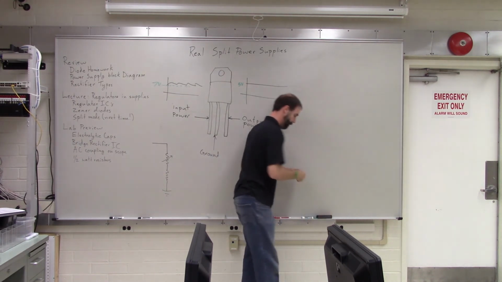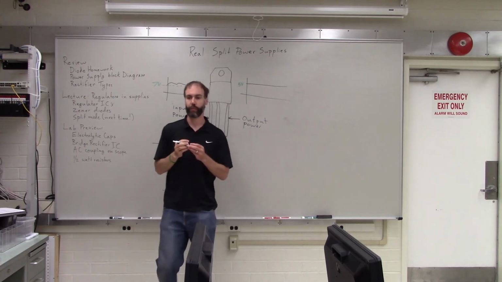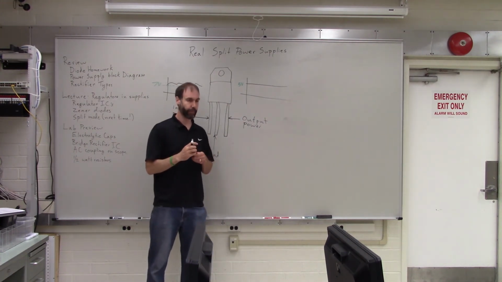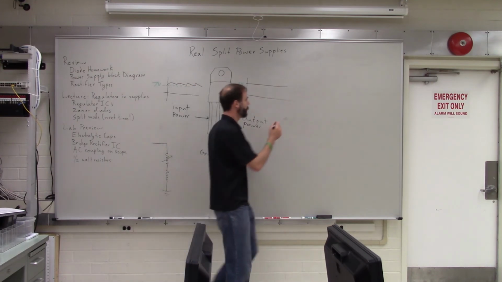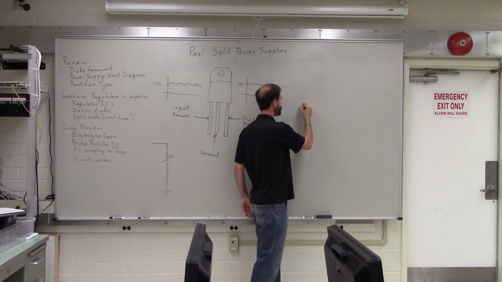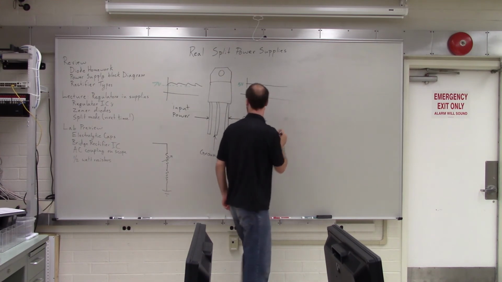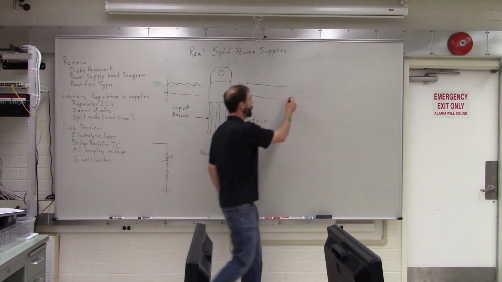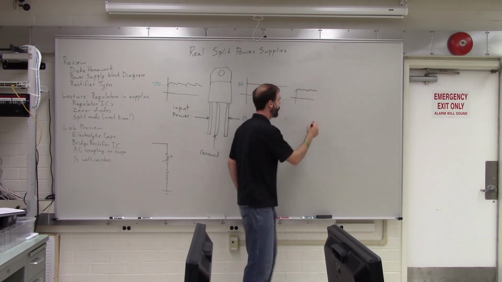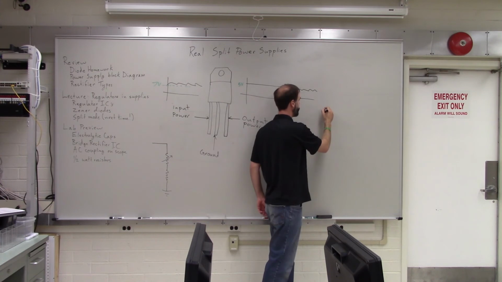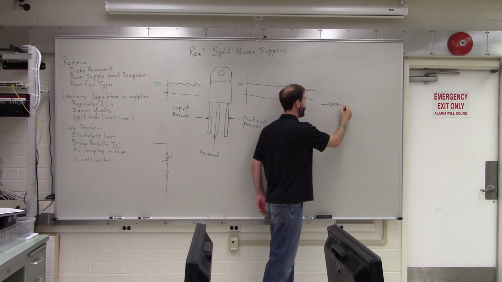So a Zener Diode always provides a fixed output voltage. So if you have an input voltage that's kind of wavy like this, then you can make a rectifier, or I'm sorry, a regulator that looks like this.